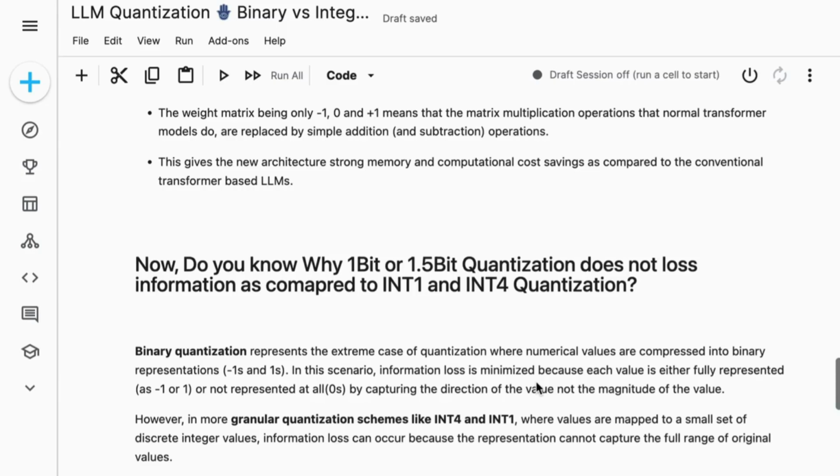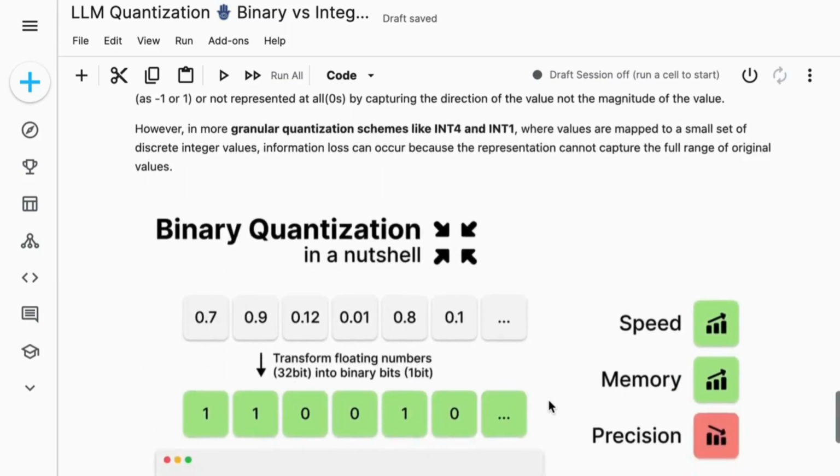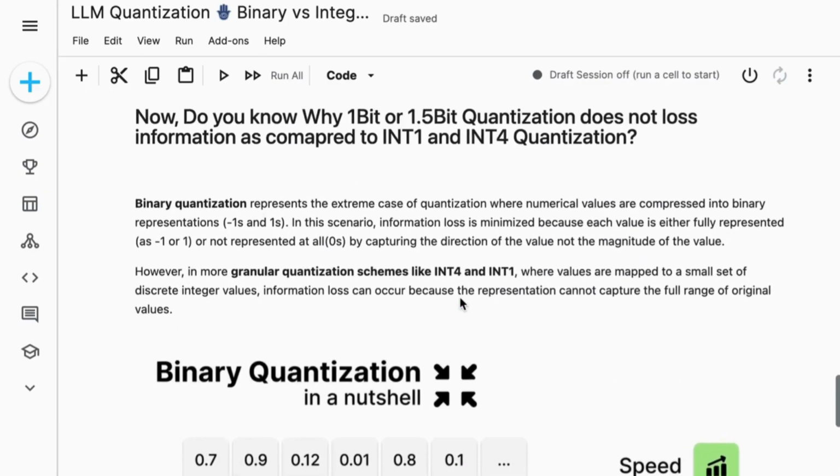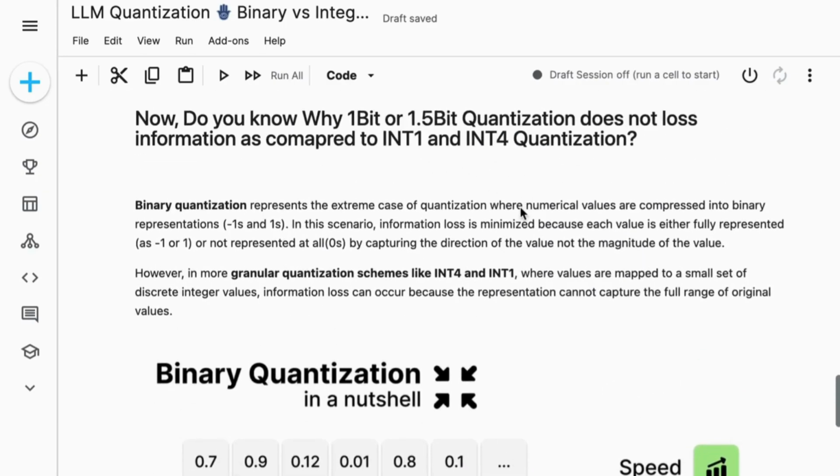But in INT4 and INT1 quantization, the directions are not captured, because the range of INT1 is from 0 to 1, and for INT4 it is from 0 to 15. So you don't capture the negative values in these representations. That's why we don't use INT1 and INT4, but 1-bit and 1.5-bit are the best quantizations we have ever seen.